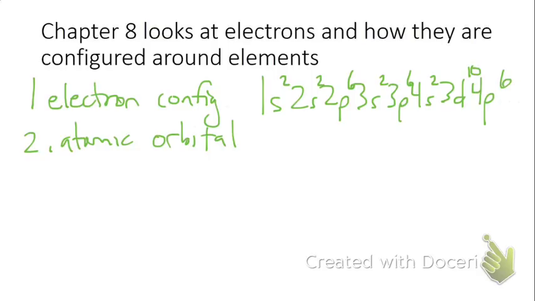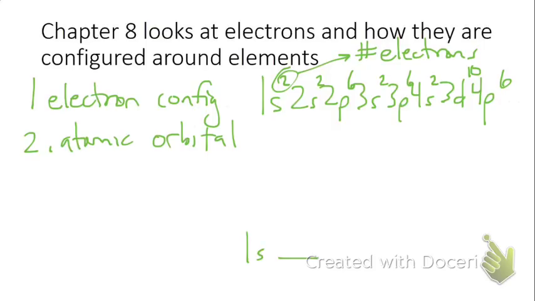And so this up here is the number of electrons. And so that's the electron configuration. It just tells us the number of electrons. In class we covered it, we'll cover it again. The atomic orbital shows us where those electrons are within the different orbitals.